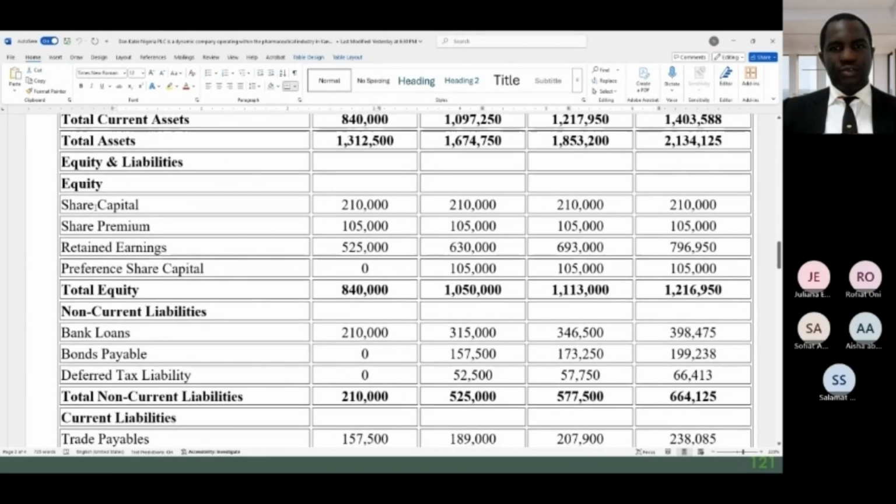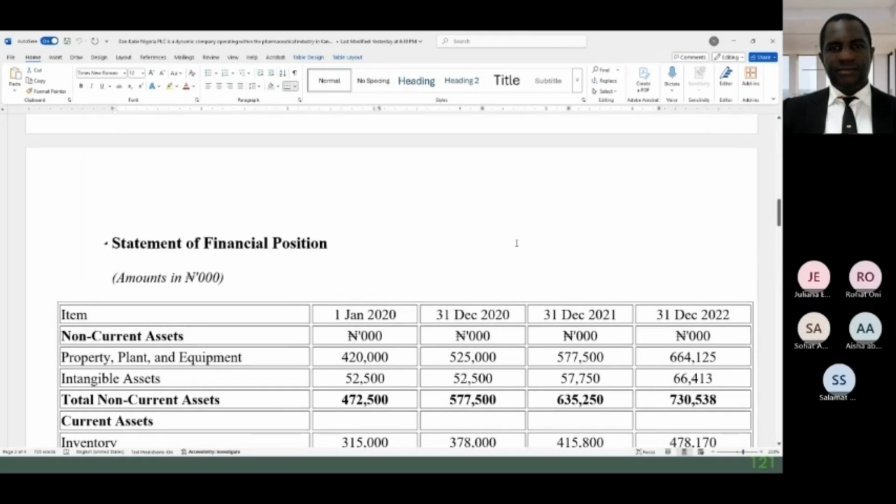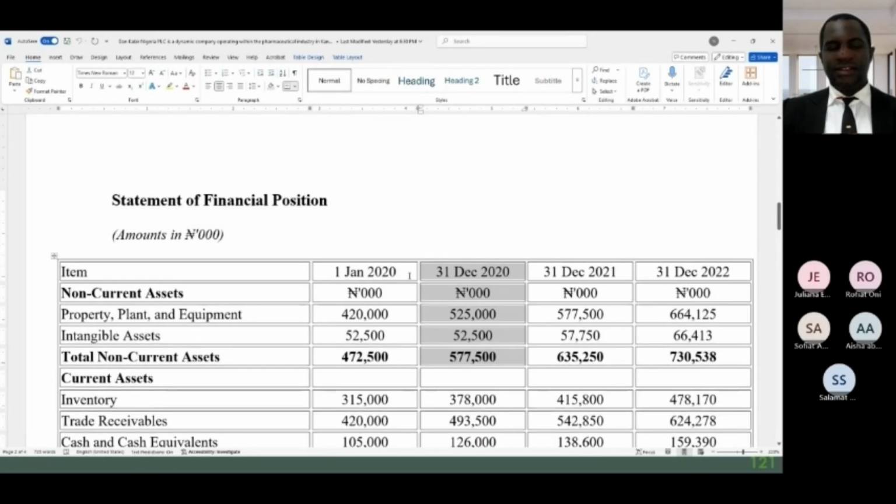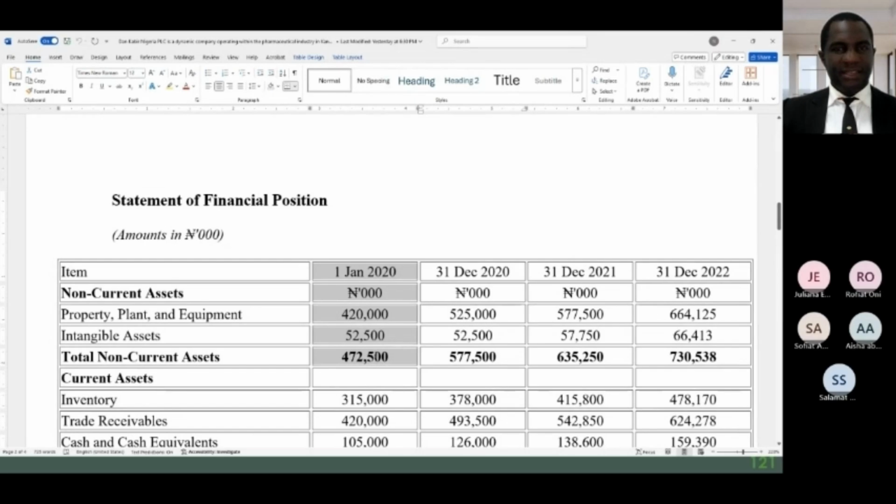For our share capital for 2020, we have January 1st and 31st December. We are using 31st December, the ending of the financial year. Be very careful when you look at questions like this so that under exam condition, you don't take the beginning of the year. Take note of the ending and the beginning of the year. There's a reason the examiner might tweak that to get you off balance.